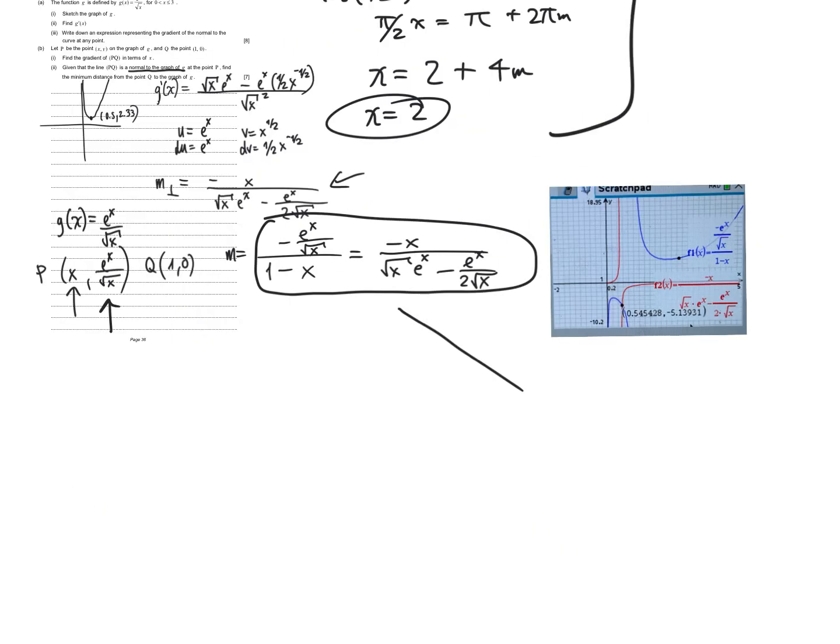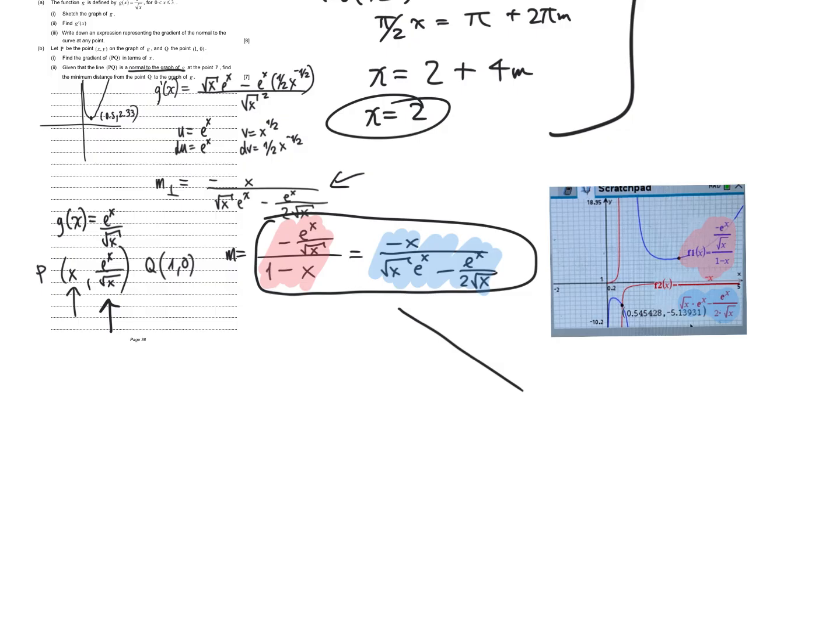Okay, so I put this in. This is, of course, the blue one, whatever. And then this one is the red graph. Yeah, they just simplified it a weird way. So I put it in like that, so don't worry about it.